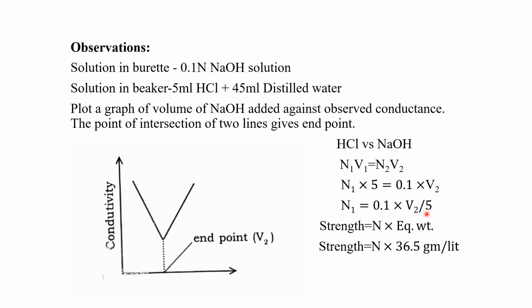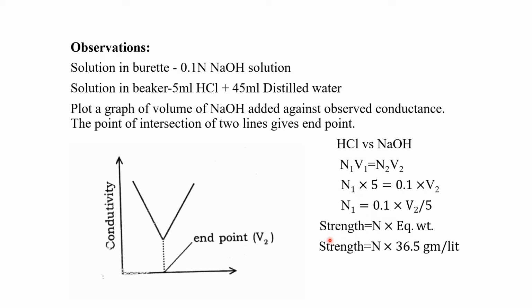If the experiment is performed accurately, then this end point will be the same as the amount of HCl taken, that is V2 is equal to 5. Then the normality will be N1 is equal to 0.1.